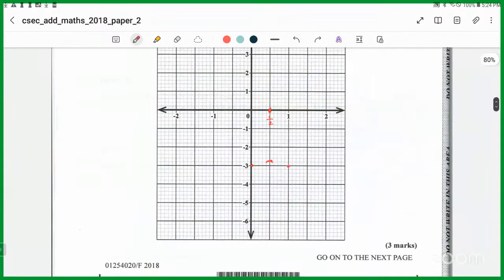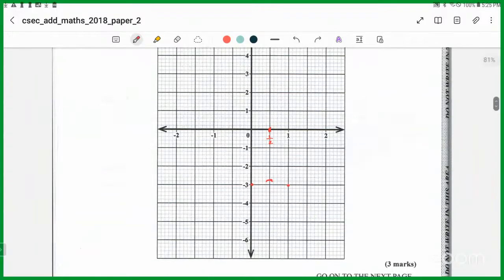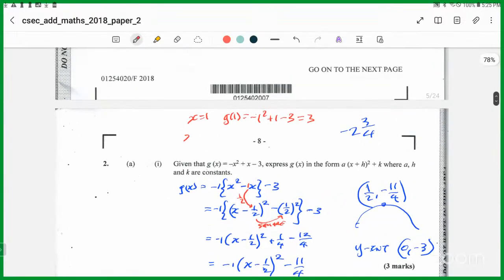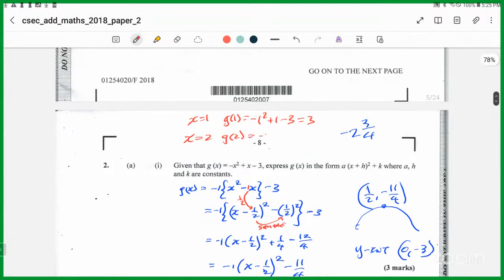Let's put in 2. I think 2 is gonna be way down, because this graph is gonna go down like this. But let's see where 2 is. So x equals 2. We do g of 2. That's gonna be -2 squared right here plus x, which is 2, and minus this 3.